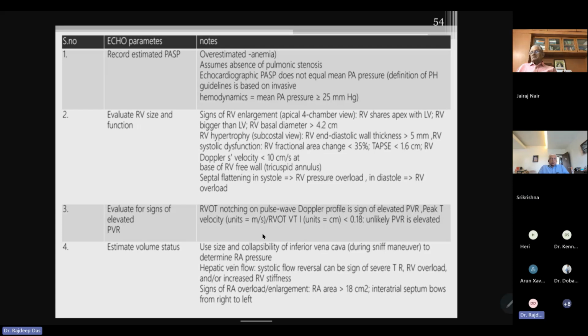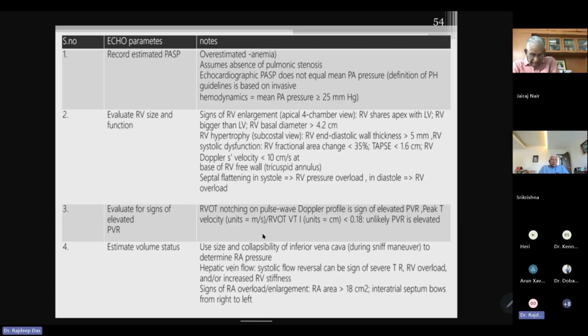Septal flattening in systole indicates right ventricular pressure overload, and septal flattening in diastole may indicate right ventricular volume overload. We can also evaluate signs of elevated pulmonary vascular resistance, which is right ventricular outflow tract notching on the pulse wave Doppler profile.